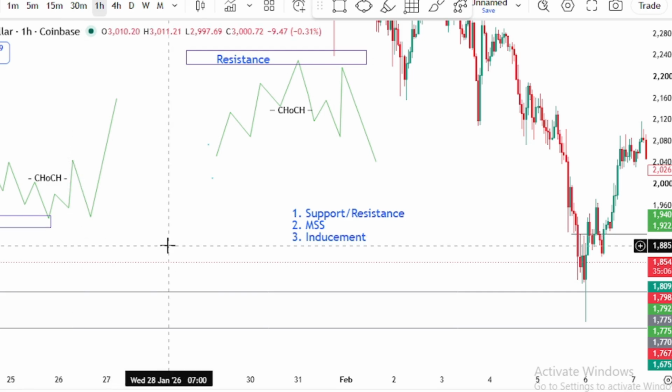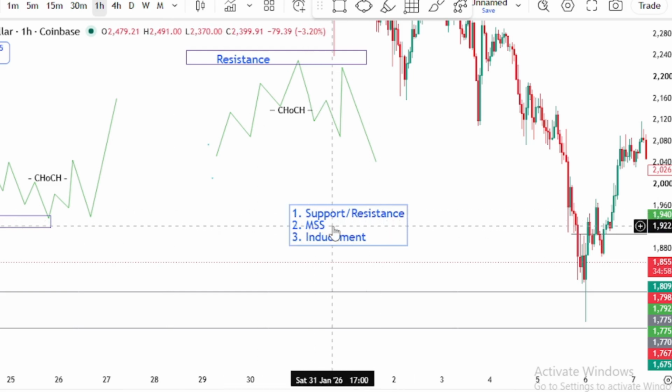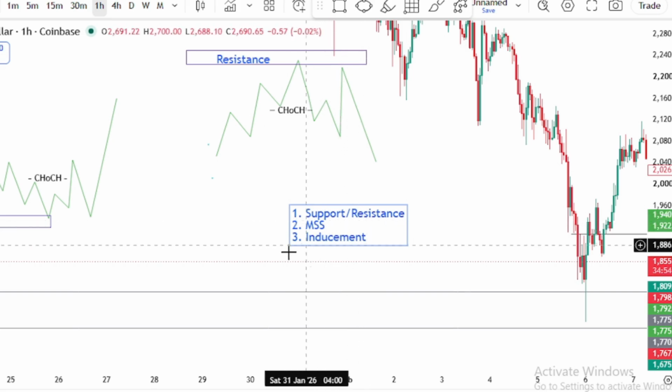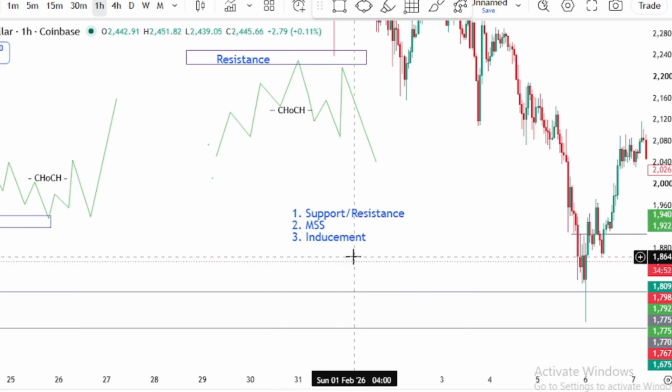So before you place a trade, make sure it is at a support or resistance level. The second thing is market structure shift, also known as change of character. The third one is inducement. You must wait for these three things before you can place your reversal trade.